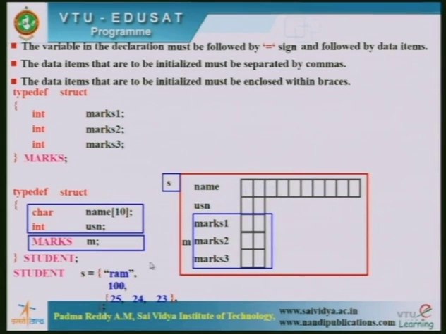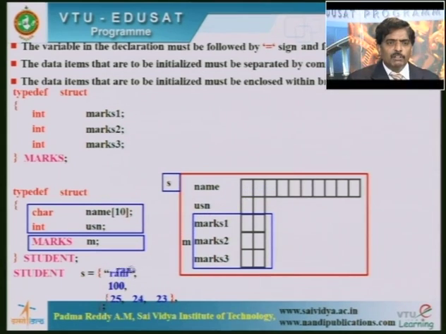Now what will happen here? The RAM will be copied into which field? Name field. What is the next we have here? 100. 100 will be copied into which field? USN. And before that, when we copy RAM, the string RAM always must end with what? Null character. Next 100 will be copied into this memory location.